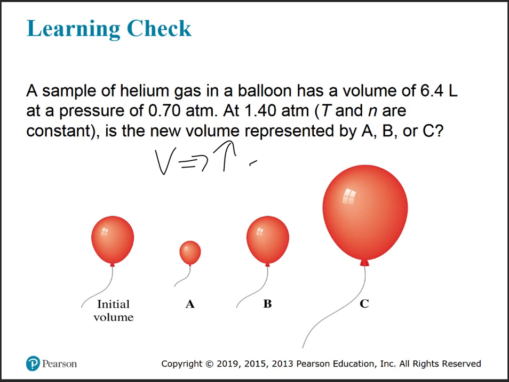Will it increase or will it decrease when you go from a pressure of 0.7 atmospheres to 1.4 atmospheres? You can put which letter represents the balloon that represents the increase or decrease that happens when you change the pressure. A, B, or C?